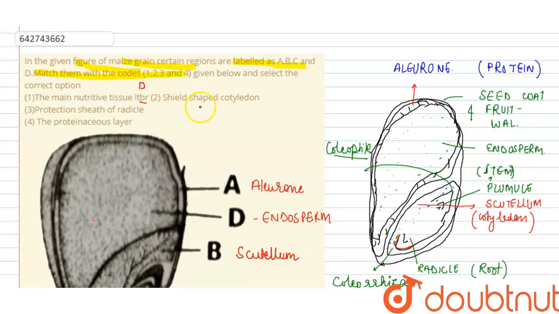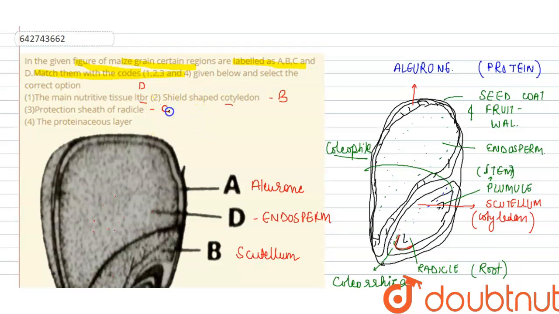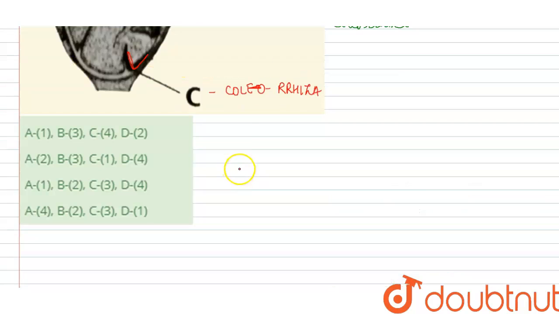Shield-shaped cotyledon is the scutellum, that is marked with the B option. Protection sheath of the radicle is coleorhiza, that is marked with the C. The proteinaceous layer that separates the endosperm from the developing embryo is the aleurone, and hence it is A. Now we look into our options.